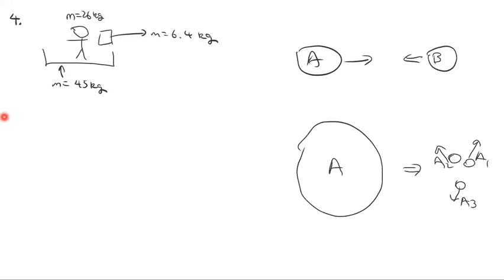So in other words, you could have objects interacting with each other like a collision, probably most questions you get. But you can definitely also treat it as an explosion, which is one object separating into multiple objects. That is not a collision. It's called an explosion, but conservation of momentum applies to that as well.